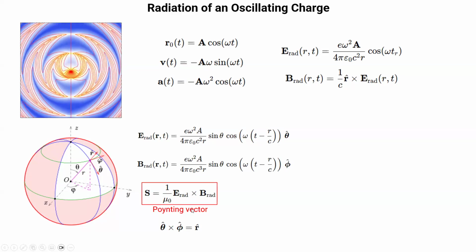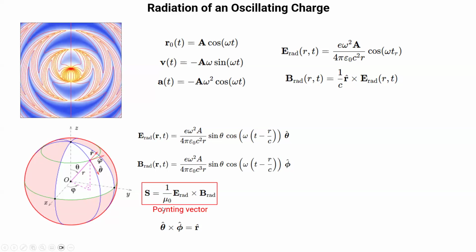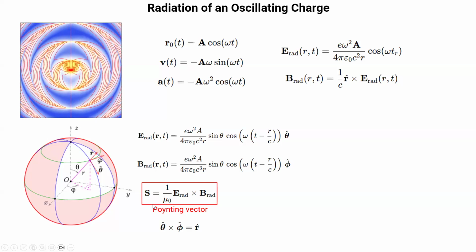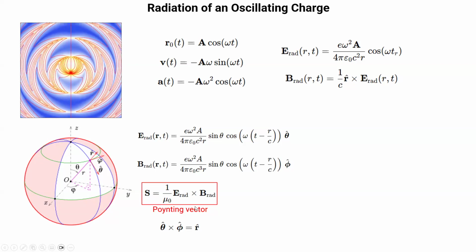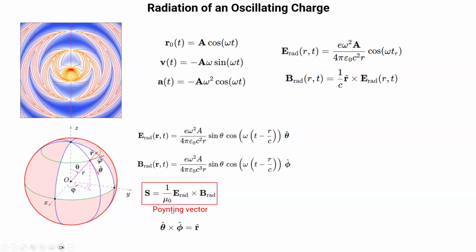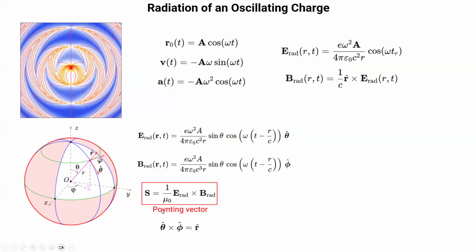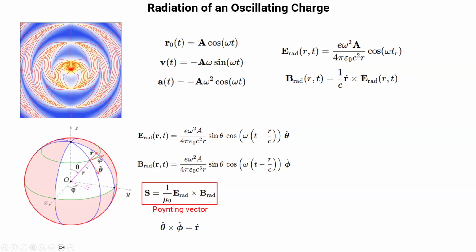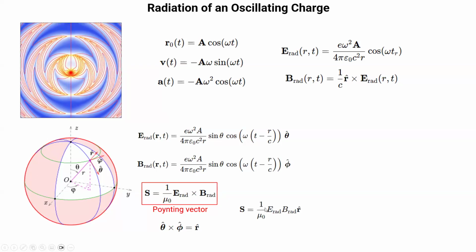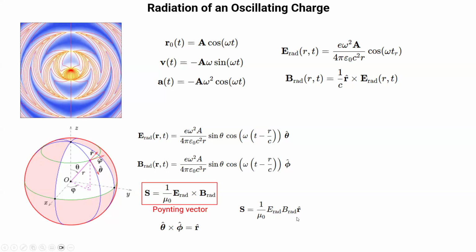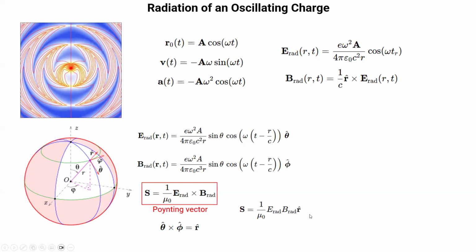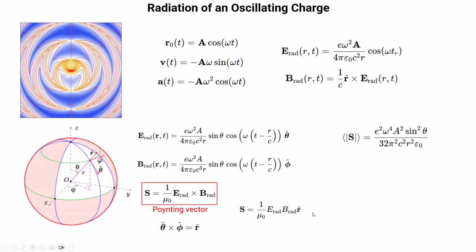So we conclude that the Poynting vector, which describes the direction of the radiated field, is radially oriented. It's oriented along the radius of this sphere, and this is the value of the Poynting vector.